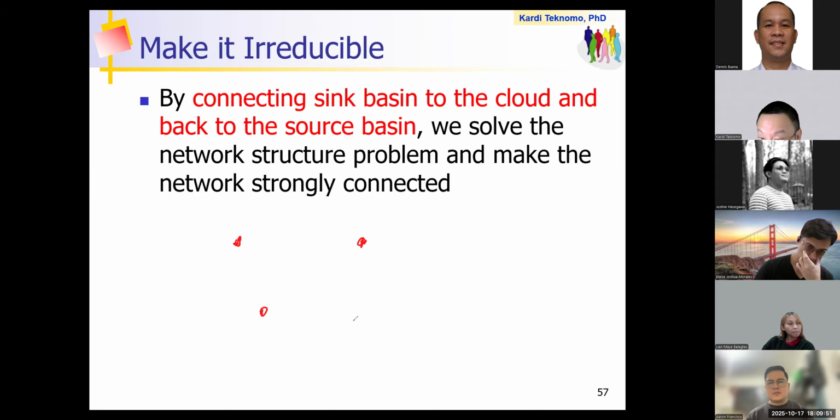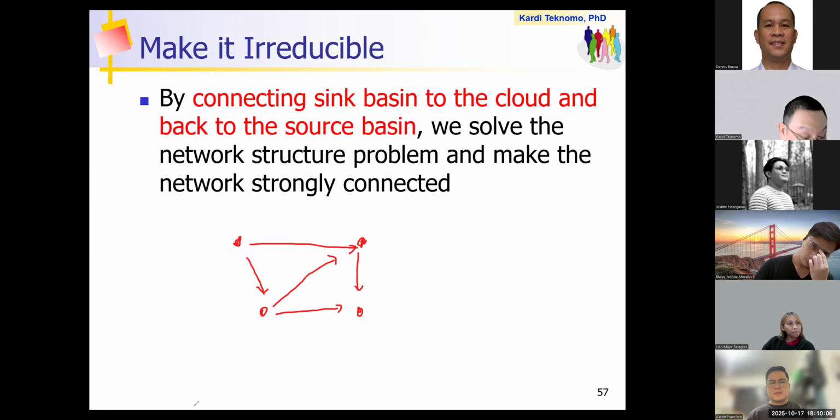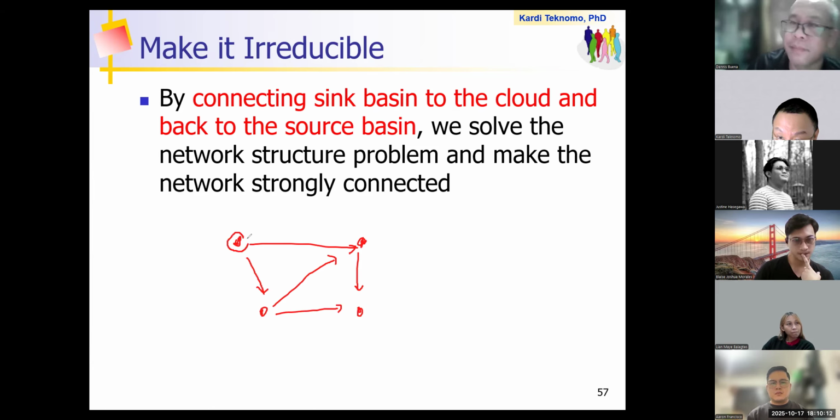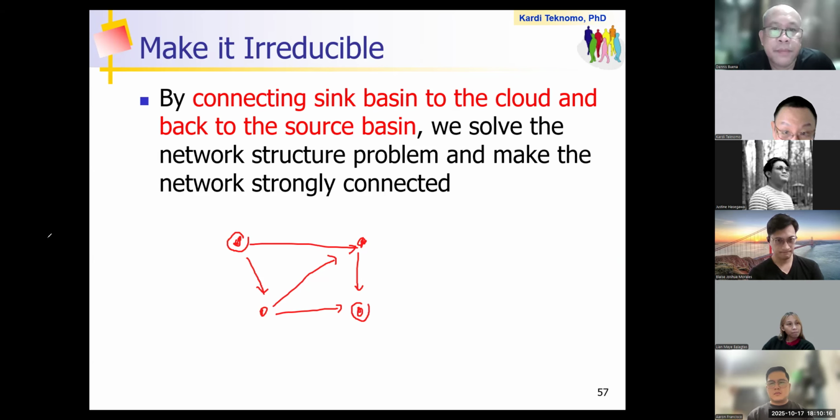I will put 4 nodes, going there, going there, going there, going there. So this is weakly connected, isn't it? Why? Because there is a source here, right? And there is a sink here, right?